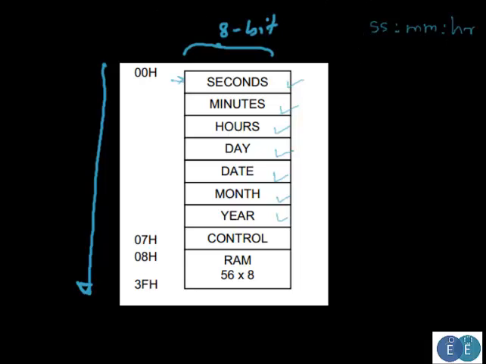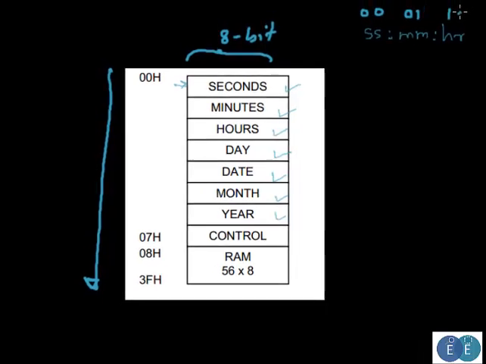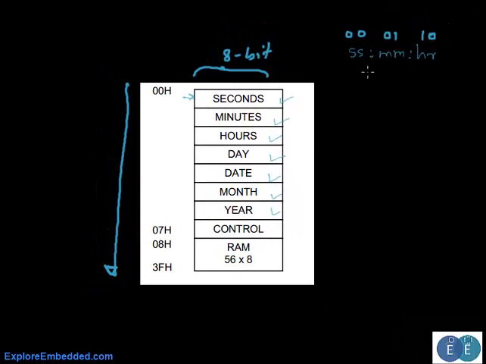The address for seconds is 00, minutes is 01, and hours is 10 in binary, which would be 2 in hex. So in hex, it would be 0x00, 0x01, and 0x02. And also note that the date starts from 0x04. So this is 01, 02, 03, 04, this is 05, 06.